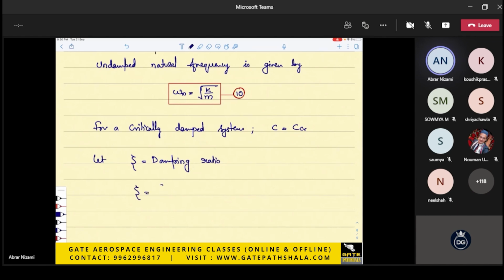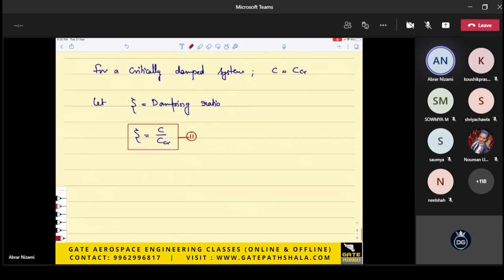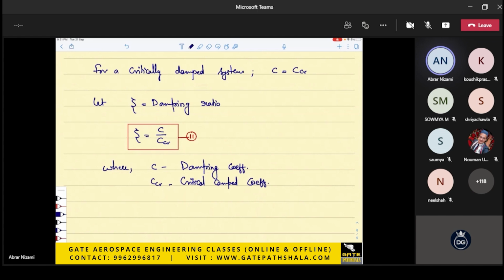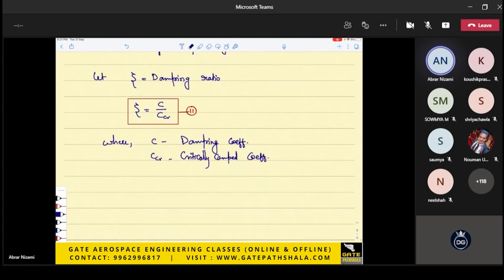So xi is given by C by CCR, call it equation number 11. It's called the damping ratio, where C is the damping coefficient and CCR is called the critical damping coefficient.